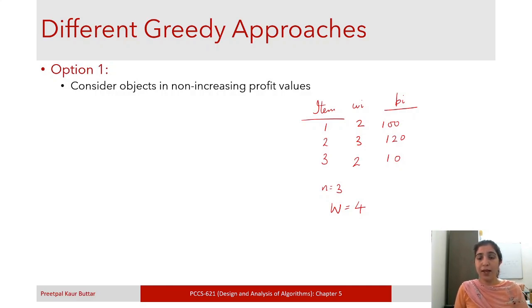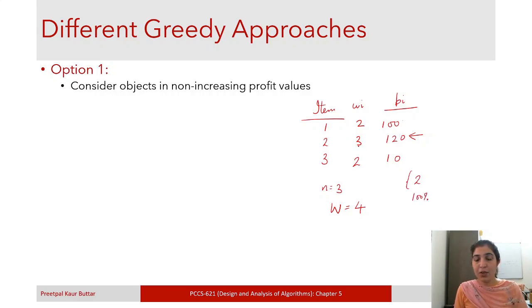So we are considering the profit values, and these are non-increasing. It means we are considering them in decreasing order. First, the maximum profit which we can earn is by picking item 2. So we pick 100% of item 2. Why?